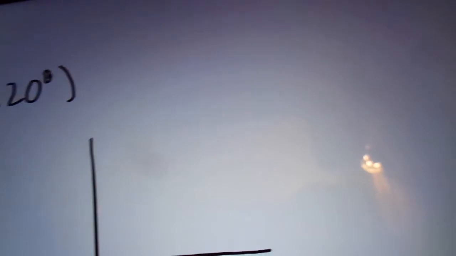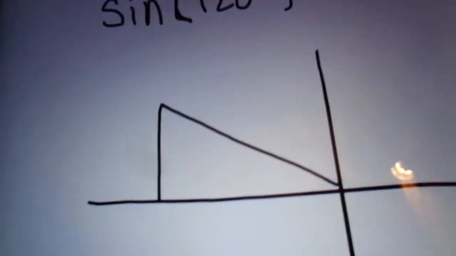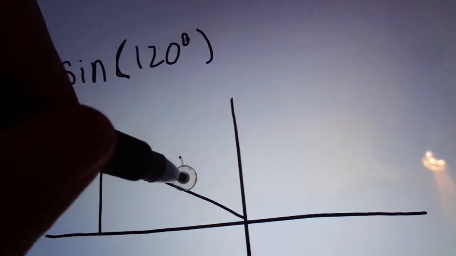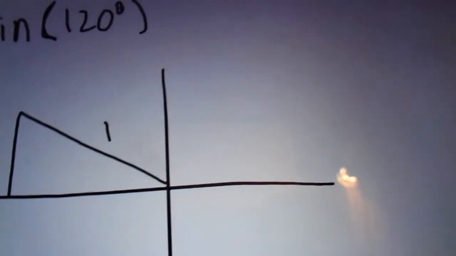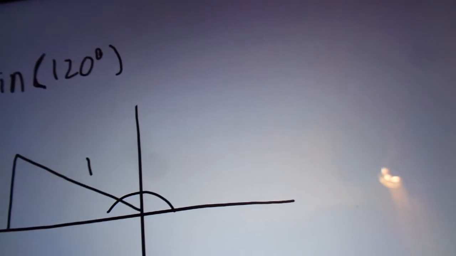So 120 degrees. This is our hypotenuse, and then we will always draw to the x-axis. If this is the unit circle, we know that side is 1. We always know that. And the whole thing is 120 degrees. But what is this?